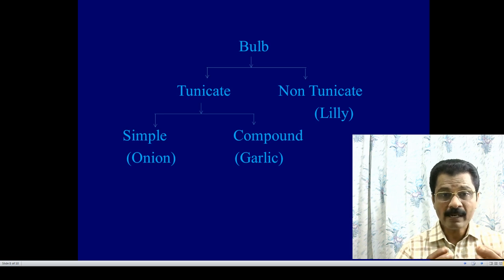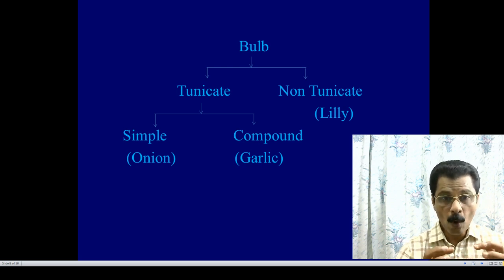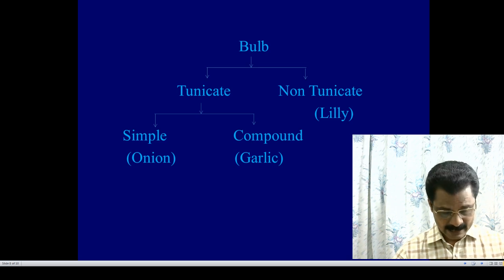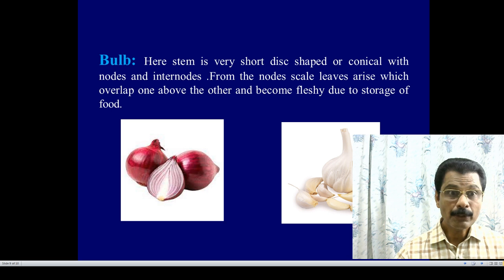And these tunicate bulbs are of two types: simple tunicate bulb and compound tunicate bulb.